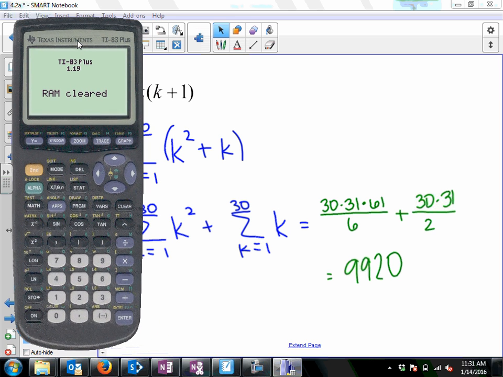Okay. So this is how we can do this summation in our calculator to check your work. If you go to second stat and all the way over to math, there's this sum right here. That's the old calculator, I know, but some of you have the 83s.